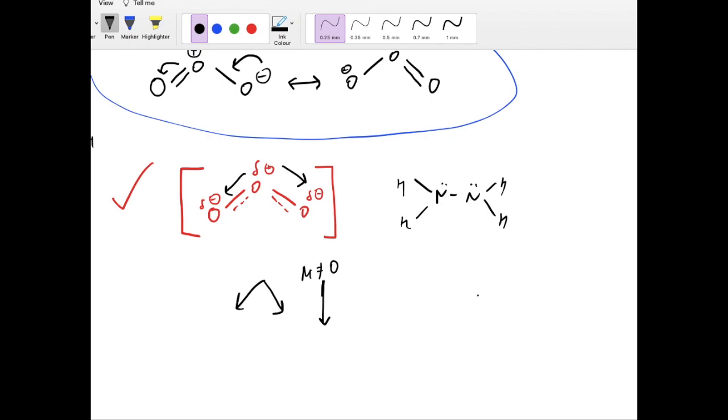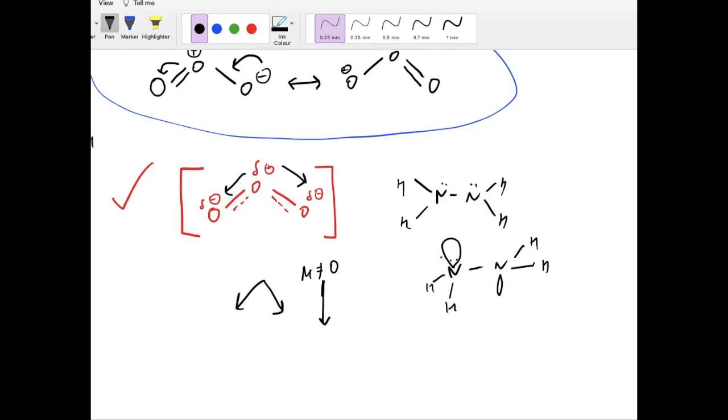As well as for N2H4. Now for N2H4 the structure is pretty cool. This is called hydrazine, and the structure is sort of like this. I'll try to show it to you in a 3D model as well. It's like this, and then there's the lone pair, like this.